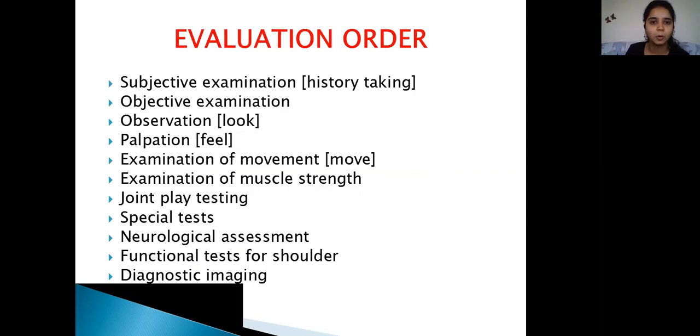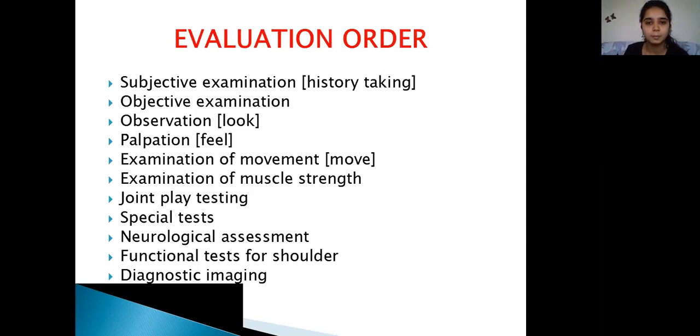There's an evaluation order, starting with the subjective examination, that is the history taking. Whenever a patient comes to us, even a detailed history can help you diagnose correctly.